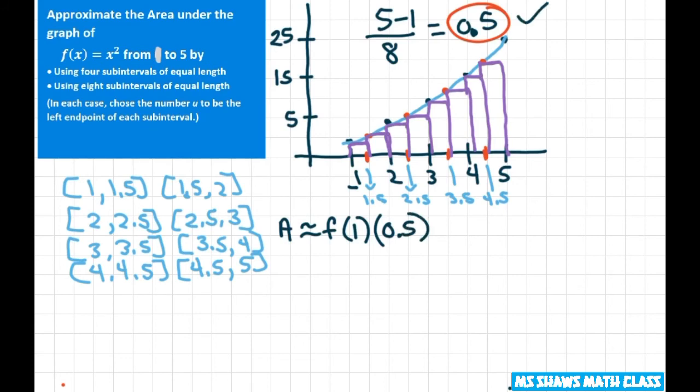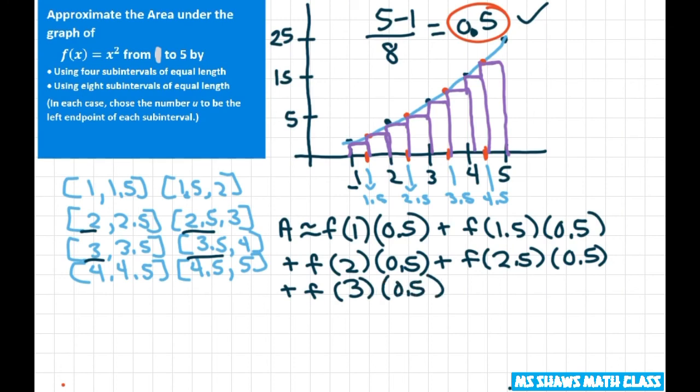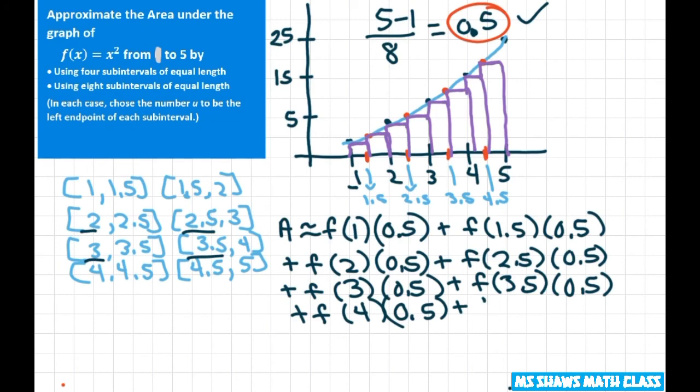Plus f of 1.5 times 0.5, plus f of 2 times 0.5, plus f of 2.5 times 0.5, plus f of 3 times 0.5, plus f of 3.5 times 0.5, plus f of 4 times 0.5, plus f of 4.5 times 0.5.